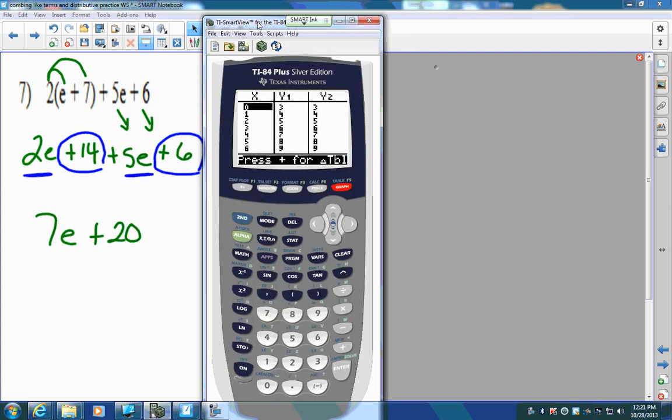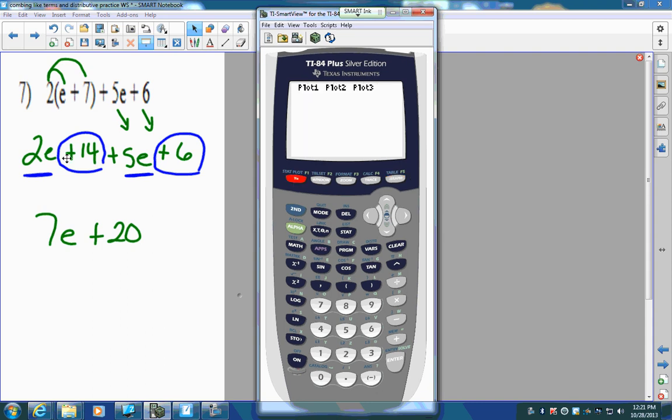Now, to check, please make sure you go back, and this is one mistake. People try and do this first step and put that in there. Don't do that. Put the original problem into Y1 because you want to make sure you didn't make any mistakes. So 2 parentheses, you can't put e in, remember, x plus 7, parentheses, plus 5x plus 6.